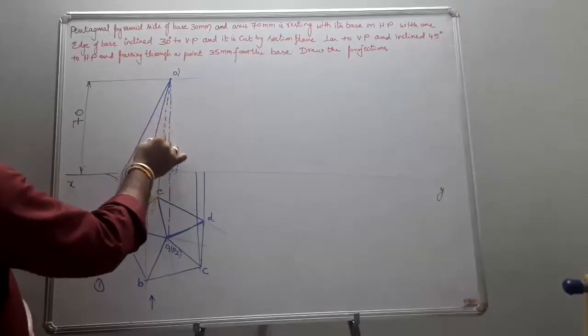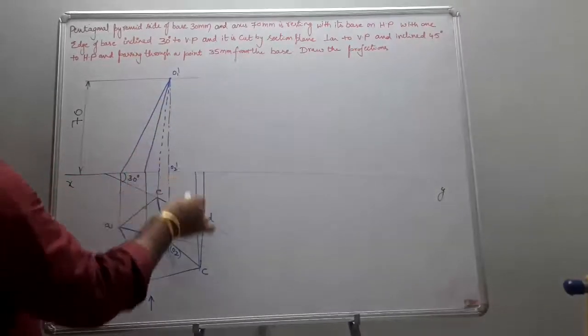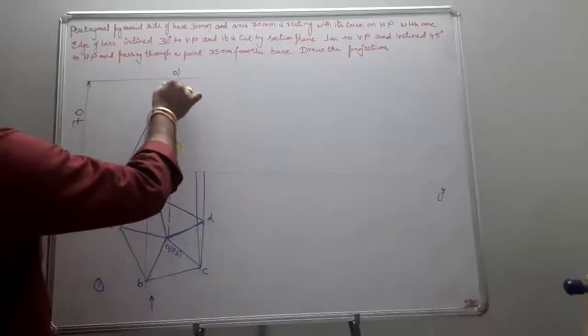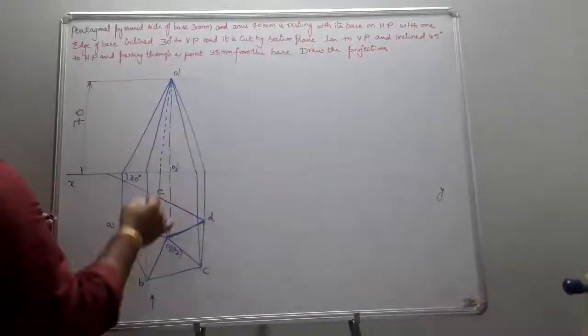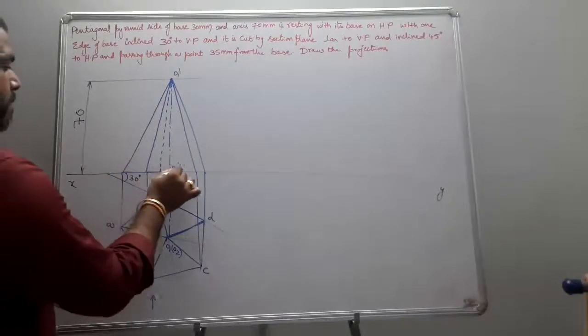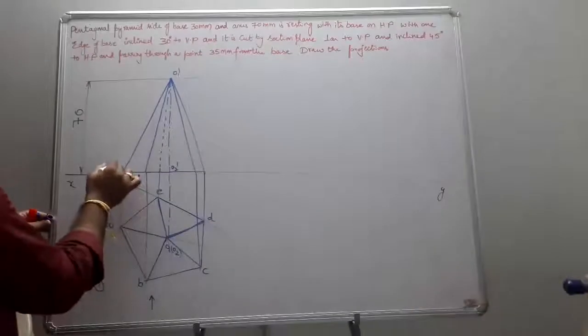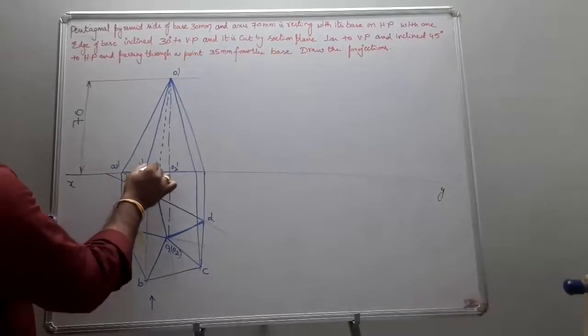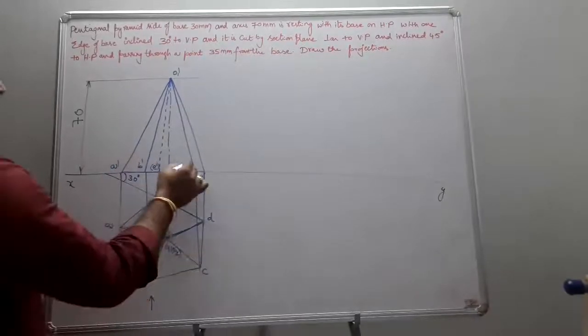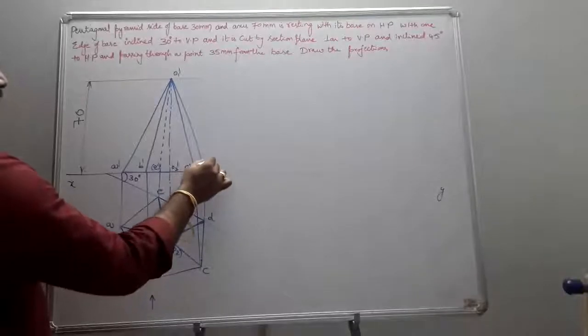E is invisible. Similarly, C is visible. So this is A dash, this is B dash, in bracket it is E dash, this is C dash, and this is D dash.